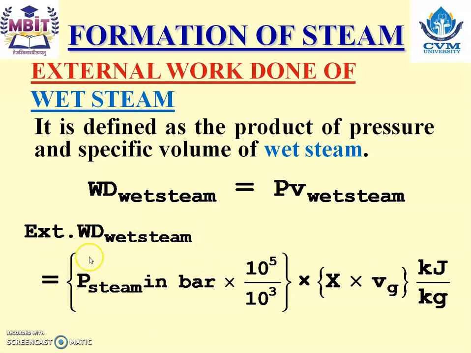So we can write it like this: pressure of steam in bar multiplied by 10 raised to 5 divided by 10 raised to 3, multiplied by X into Vg. And the unit of the external work done we are going to get is kilojoule per kg. From where will we get the pressure? It may be given in the numerical, X again given in the numerical, and Vg from the steam table.